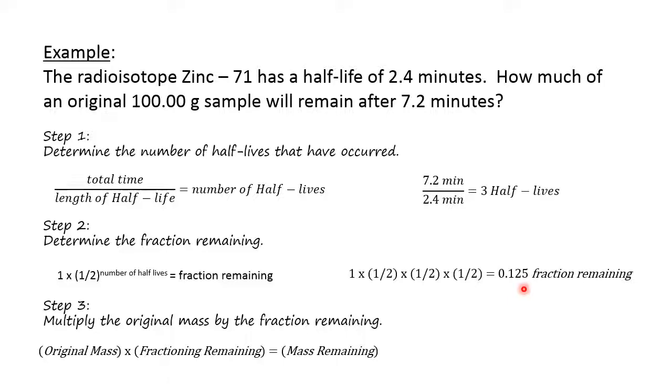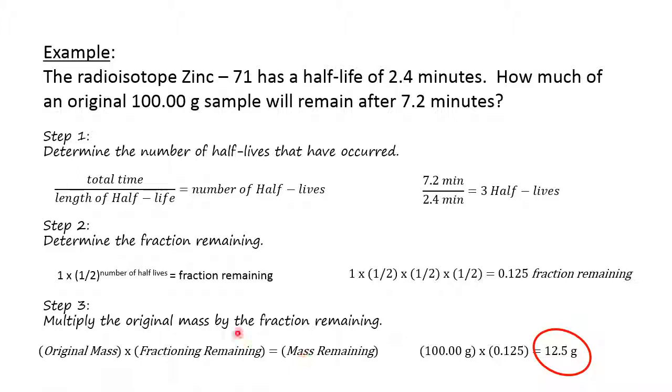And so this equation is represented by the original mass times the fraction remaining, and then that will equal the mass remaining. And so 100 times 0.125, or 100 divided by 8, will equal 12.5 grams. And so that is the amount of the original sample that is remaining after 7.2 minutes.